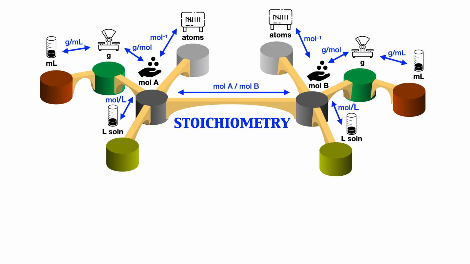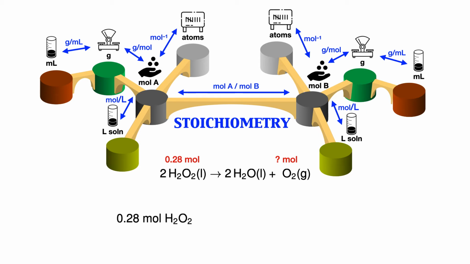And one place where you can use this idea is, let's say, for example, that we knew that we had 0.28 moles of hydrogen peroxide, and we wanted to know how much oxygen would be produced when that hydrogen peroxide decomposes. So we've got 0.28 moles of hydrogen peroxide, and then the stoichiometry of the reaction tells us that there's 1 mole of oxygen produced for every 2 moles of hydrogen peroxide.